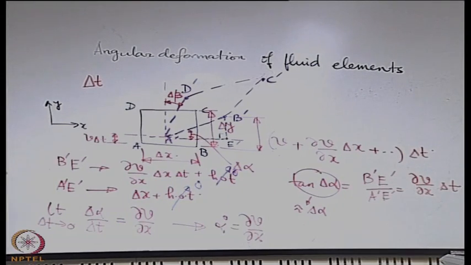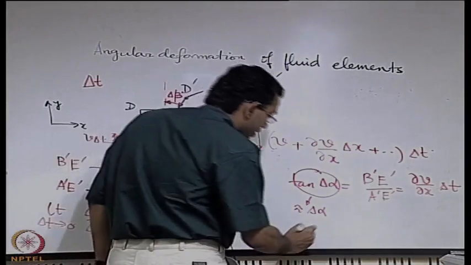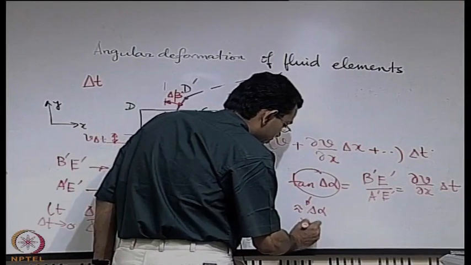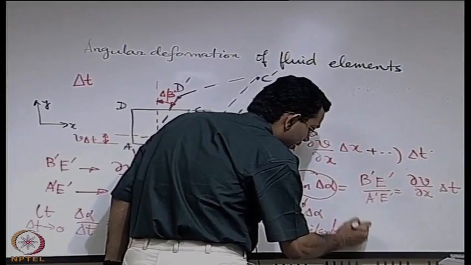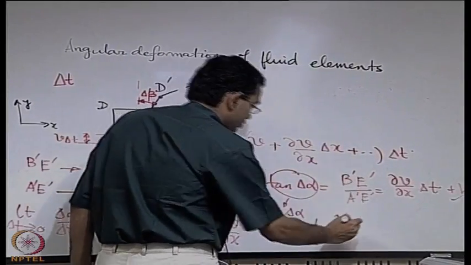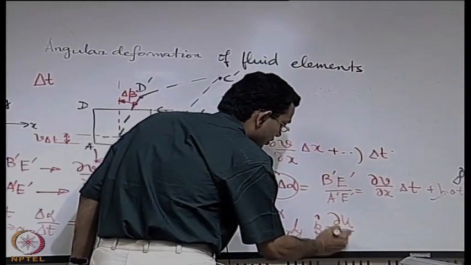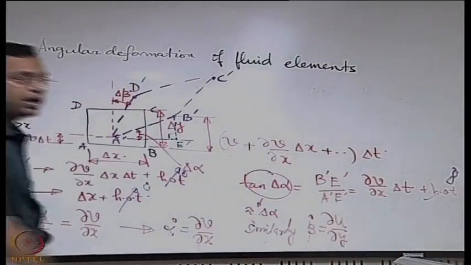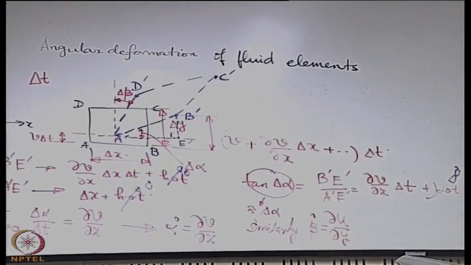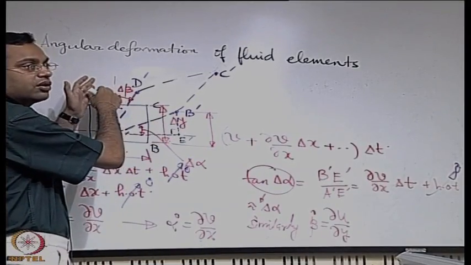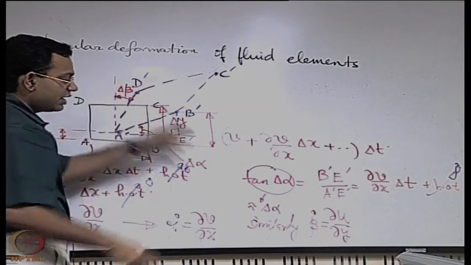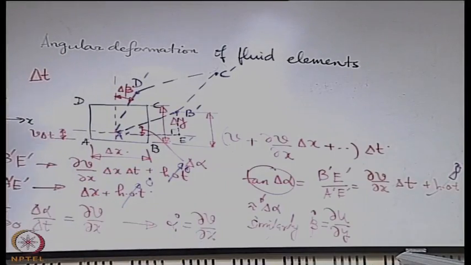Similarly we can say that what is beta dot. Just by same consideration, what will be beta dot? It will be the partial derivative of u with respect to y. Whatever geometrical consideration you had on this side, if you have it on the other side, it will exactly lead you to the same thing.